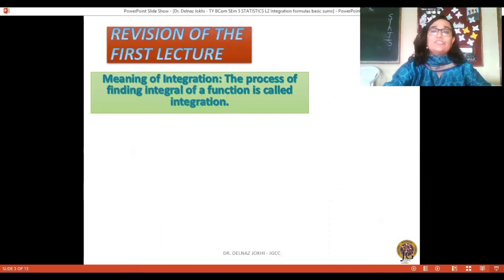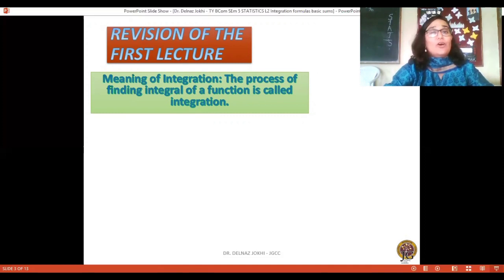Now, let us first revise what I had done in the first lecture of integration. In a nutshell, the simple meaning of integration, as you see on your screen: the process of finding the integral of a function is called integration.